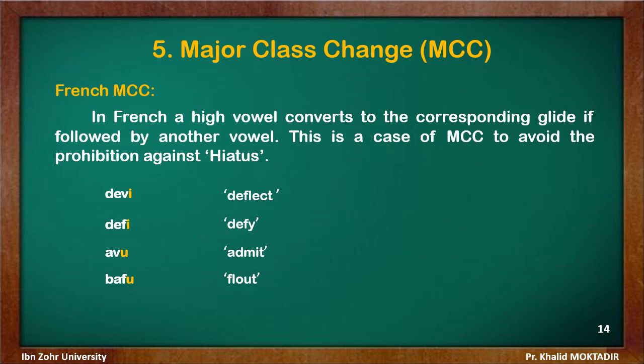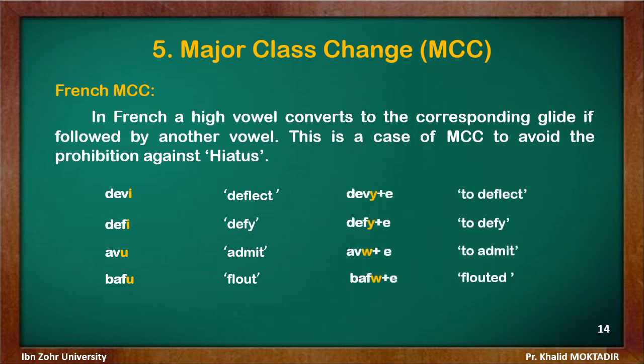We need to remind ourselves here that this happens in casual speech, not in slow speech, in everyday language. So dévi is going to be pronounced dévier, défi, défier, avoue, avouer, and bafou, bafouer.